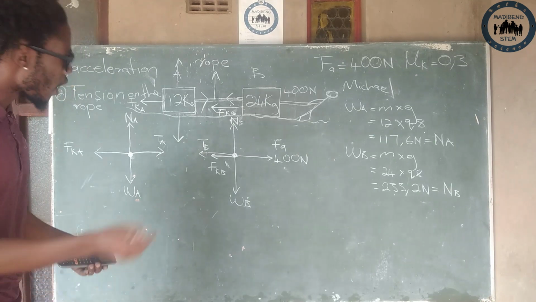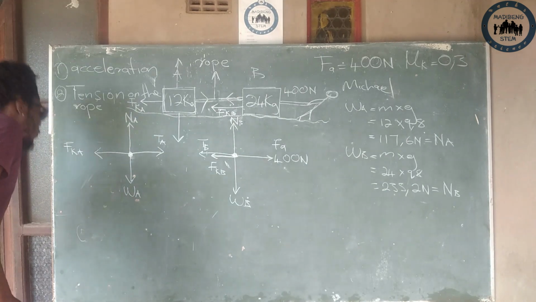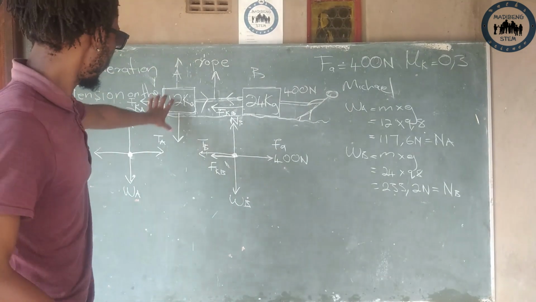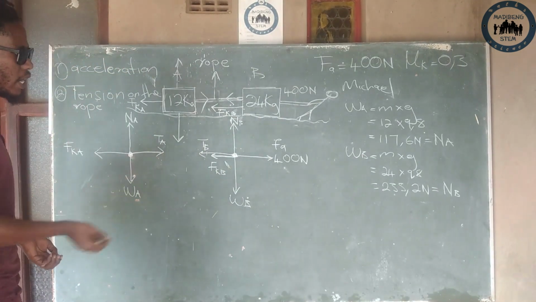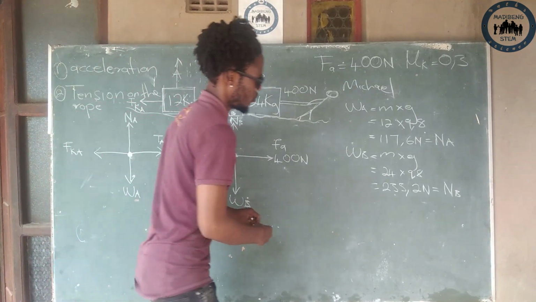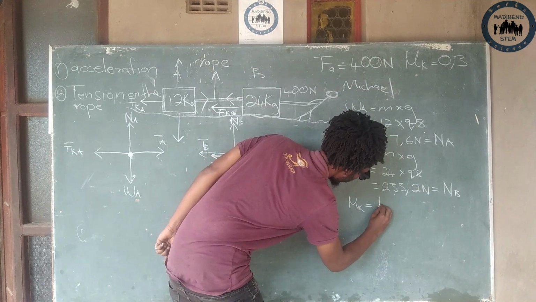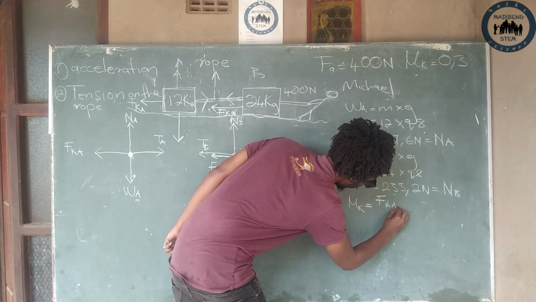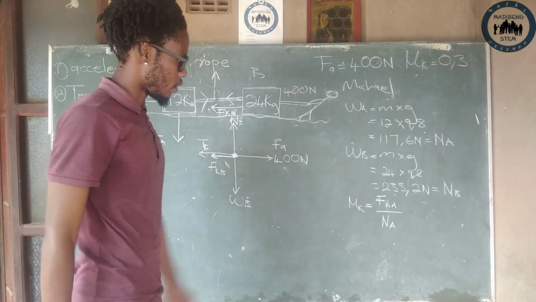So now that we have our weight, we will have to calculate our frictional force for this object and also find the frictional force for this object. Let's go ahead and find the frictional force for A: Fk over normal force.